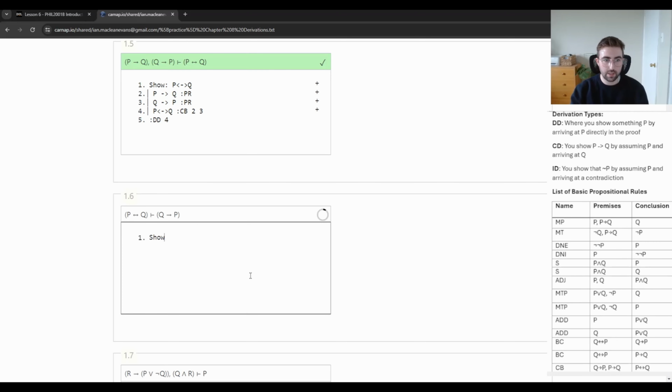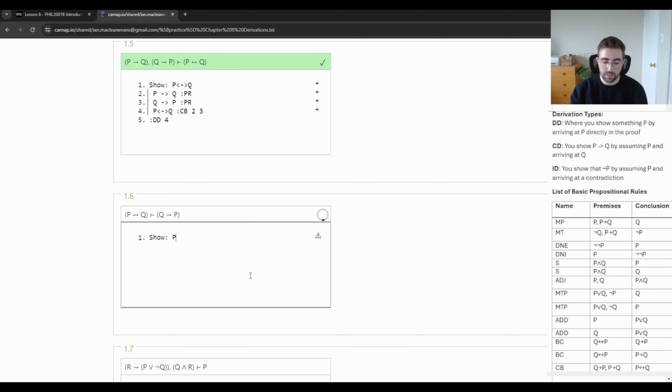Similarly, to go the other way, using biconditional conditional, we can do P. Oh, I'm sorry. We want to show Q arrow P. And as a premise, we have P double arrow Q. Well, conveniently, we have this new rule, right? That lets us go from a biconditional to a conditional. That one is BC.